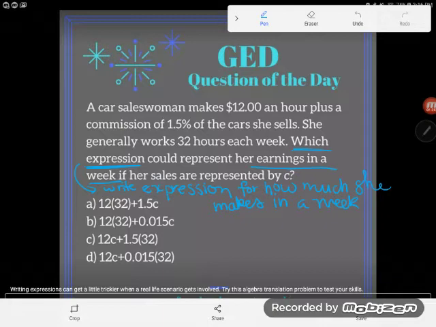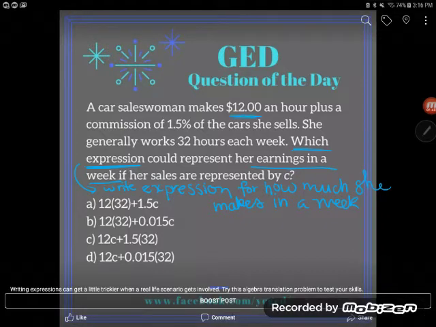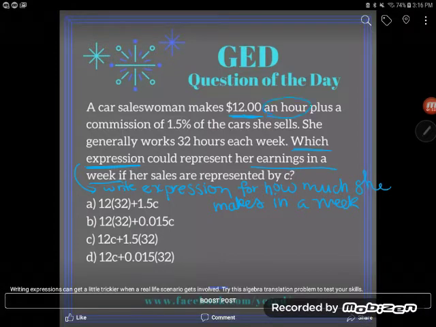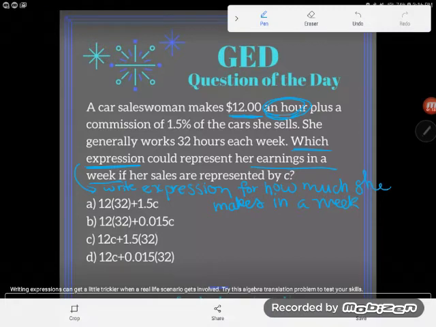Now, I'll try to figure this out. So let's take a look at the rest of the information that we have if we are writing an expression for how much this woman makes in a week. So I see that she makes $12, but that's not just one $12. She makes $12 an hour. Okay, so that's one of the things she makes in a week.